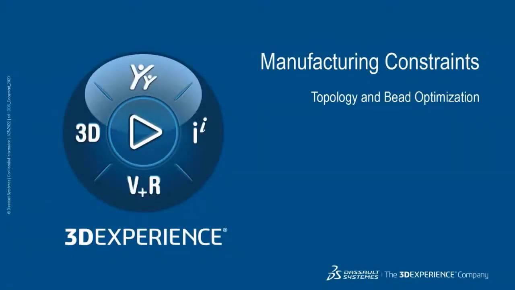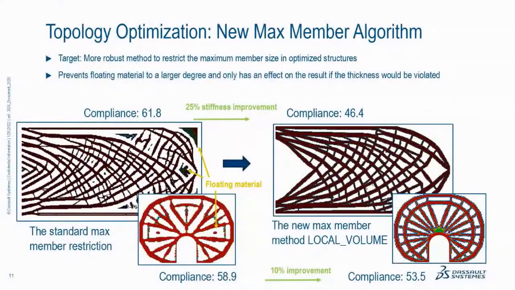So now we can come to the manufacturing constraints, which are the new features. Okay, so the first one is a new maximum member algorithm. And the idea here is that this new algorithm works by enforcing the constraint locally in the model and not as a global constraint like before.